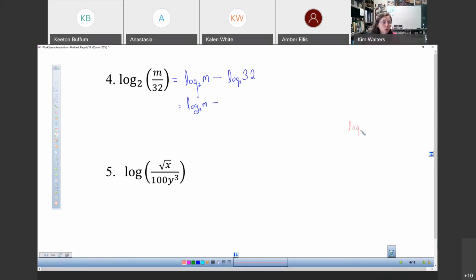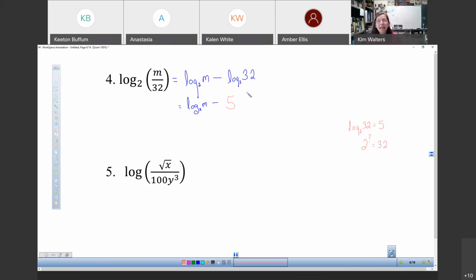Log base 2 of 32 is asking the question: 2 to what power is 32? And you can keep doing this in your calculator, 2 times 2 times 2 times 2 times 2 until you get to 32. Some of you may simply recognize that 2 to the 5th power is 32. And so my answer here, log base 2 of 32, I can replace with 5.